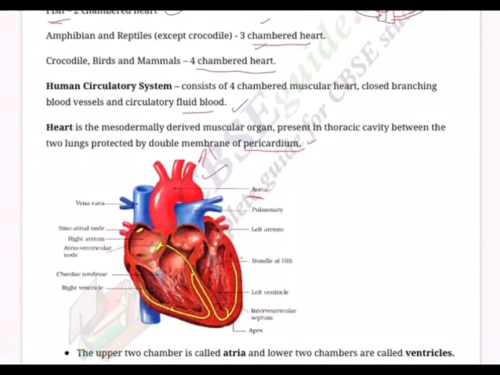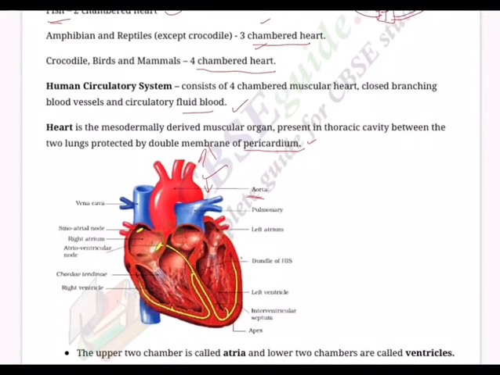It carries it dorsally to dorsal parts like shoulders, neck, head, eyes, ears, etc. And then this pure blood is also supplied through the aorta to posterior portions, that is the chest region, stomach region, the legs and other parts.